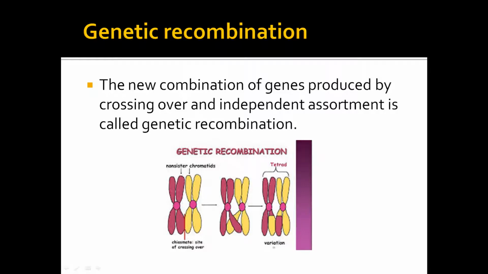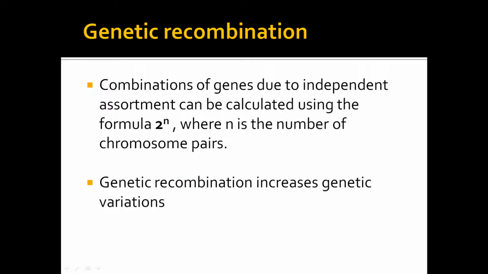On the third picture or pair of chromosomes, you can see that they exchange genetic material. The number of those combinations can be calculated by the formula 2 to the power of n, where n is the number of chromosome pairs. As you know, humans have 23 pairs of chromosomes, so it's going to be 2 to the power of 23.